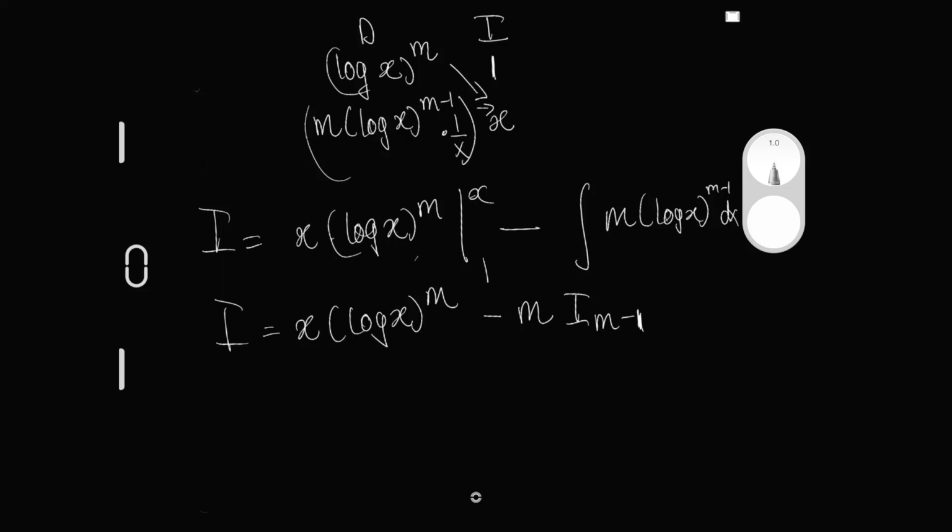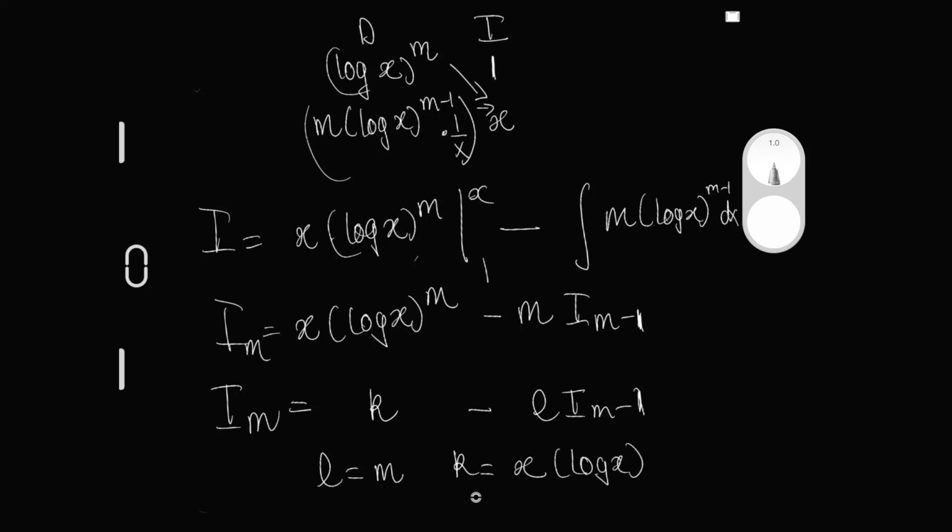So from the question we can see they have given I of m is equal to k minus L of I of m minus 1. So L is equal to m and k is equal to e. So the correct option is option B.